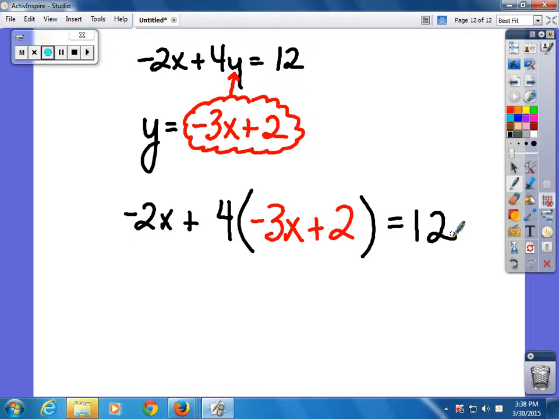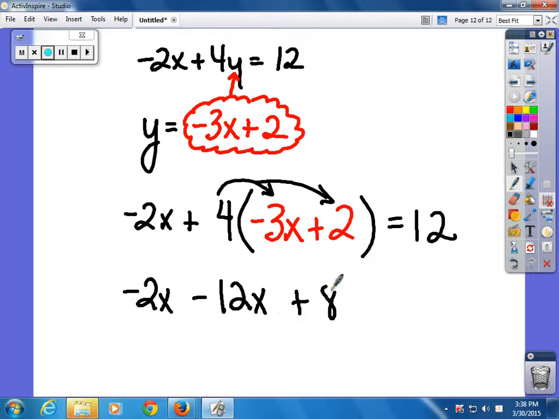So we're going to take this 4 and distribute. 2x plus the minus what? 12x plus 8 is equal to 12. And negative 2x, that'll be negative 14x plus 8 is equal to 12.